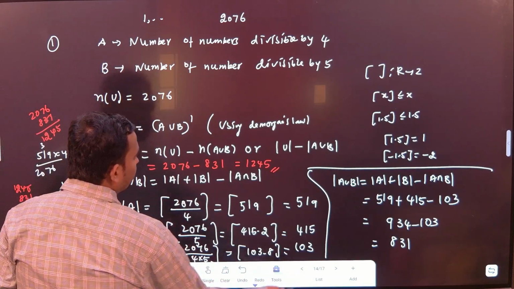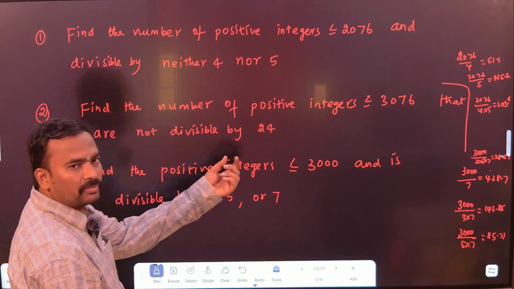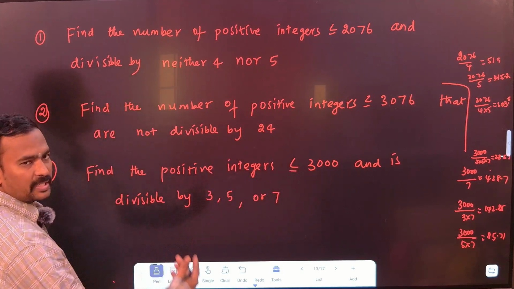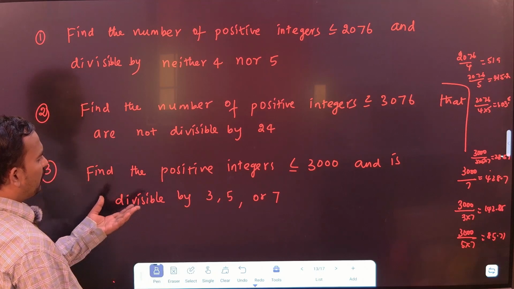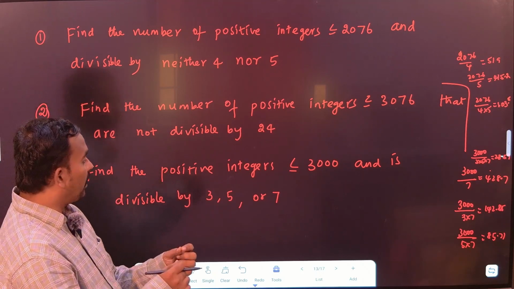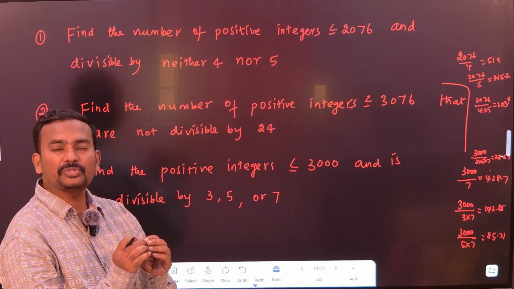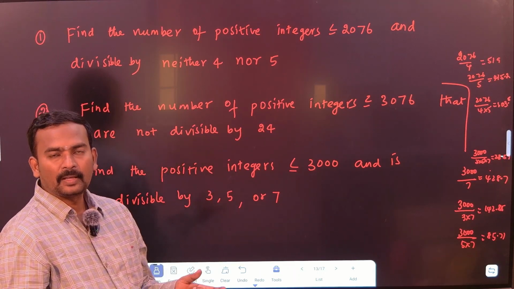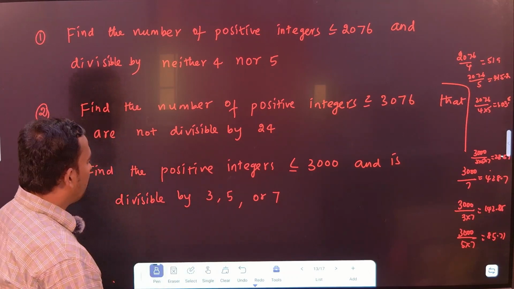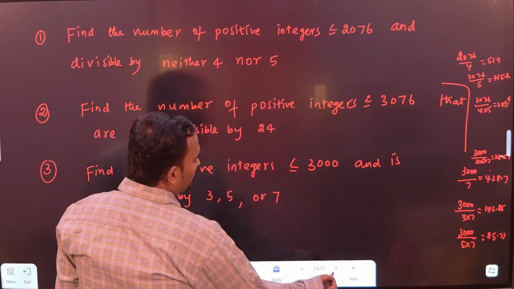You can see, find the positive integers less than or equal to 3000 that are divisible by 3, 5 or 7. This is very simple. Here "or" is there. That means you have to use the union. That means at least 3, 5 or 7, they are asking, right?